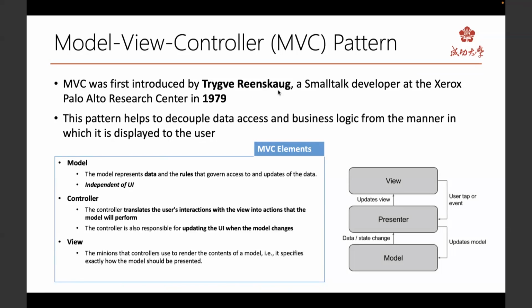The model presents the data and the business rules that govern access to and updates of the data of your application. A model should be independent of the user interface so that the model can be reused in apps with different user interfaces.